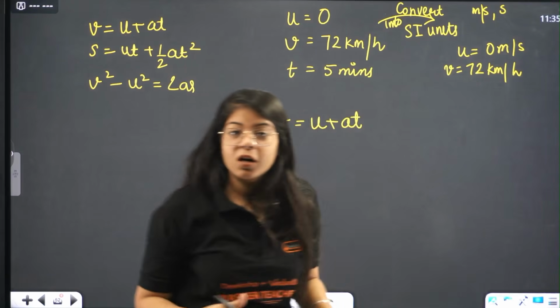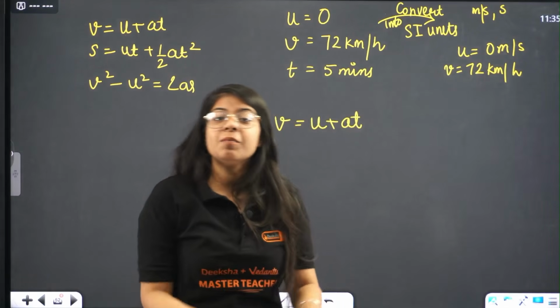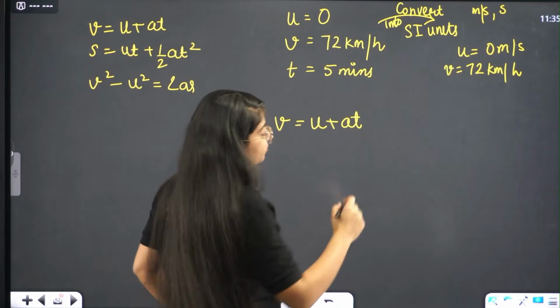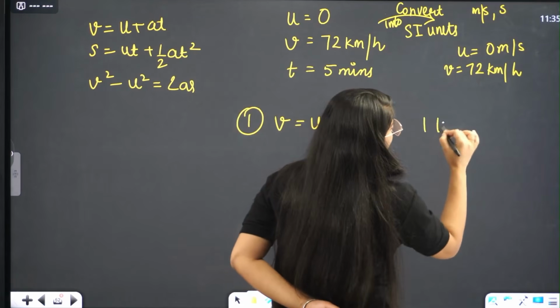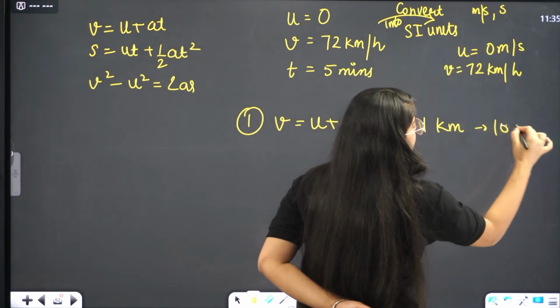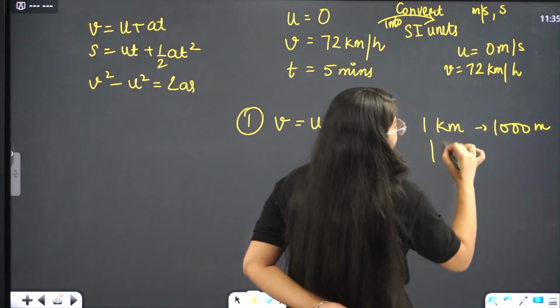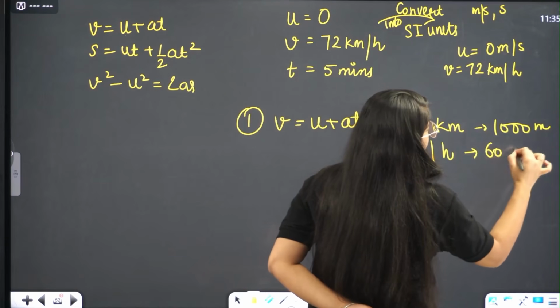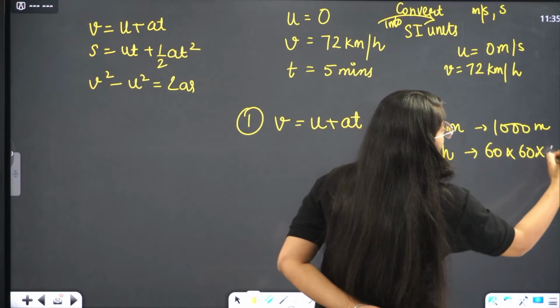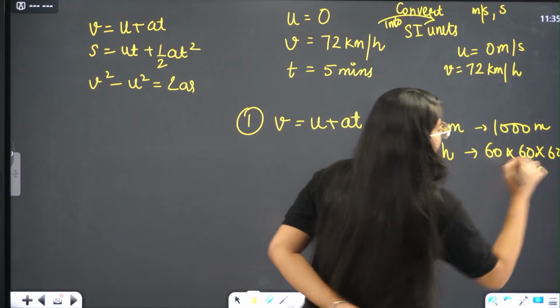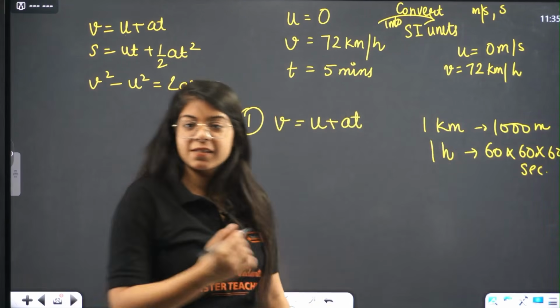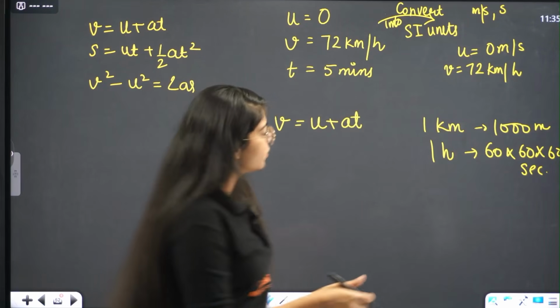How will you convert km/h into meter per second? That we'll see. Now, 1 kilometer has 1000 meters, right? And 1 hour has 60 into 60 seconds. Understood? 1 hour has 60 minutes, then each minute has 60 seconds.